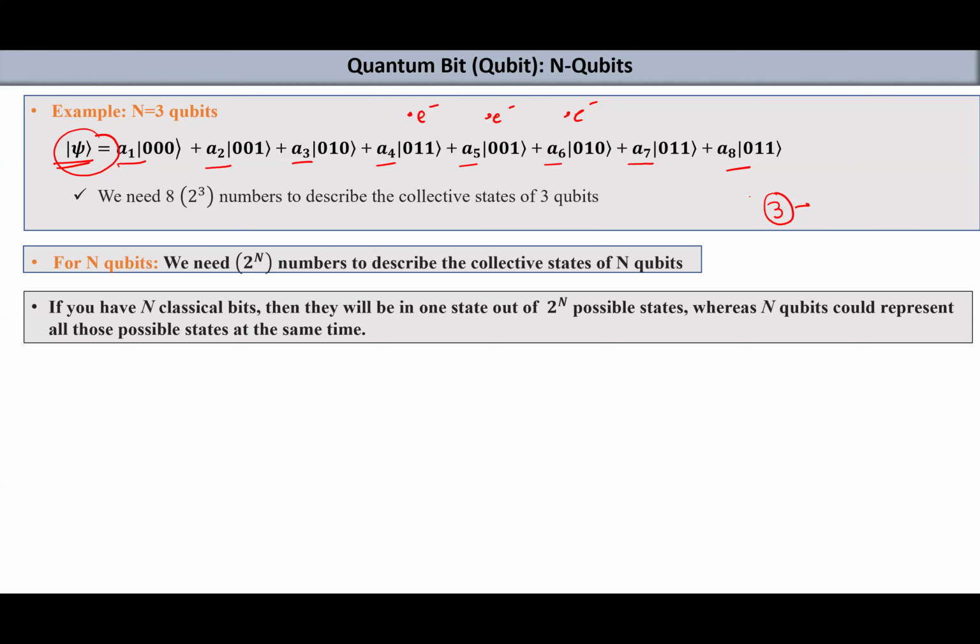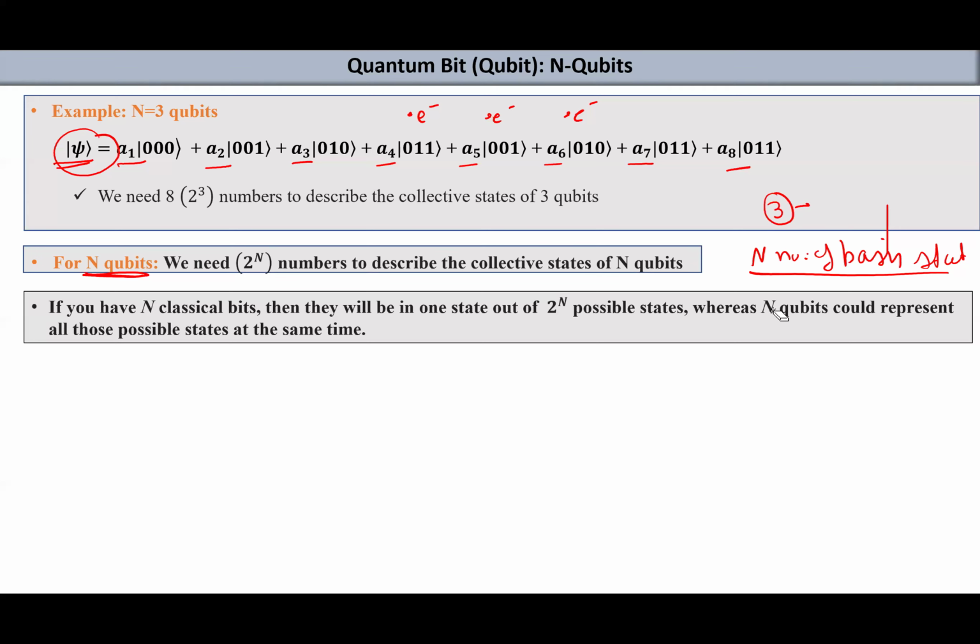Similarly, if you have n qubits, you will have a number of basis states, and there will be one superposition state, which is the superposition of all these basis states.